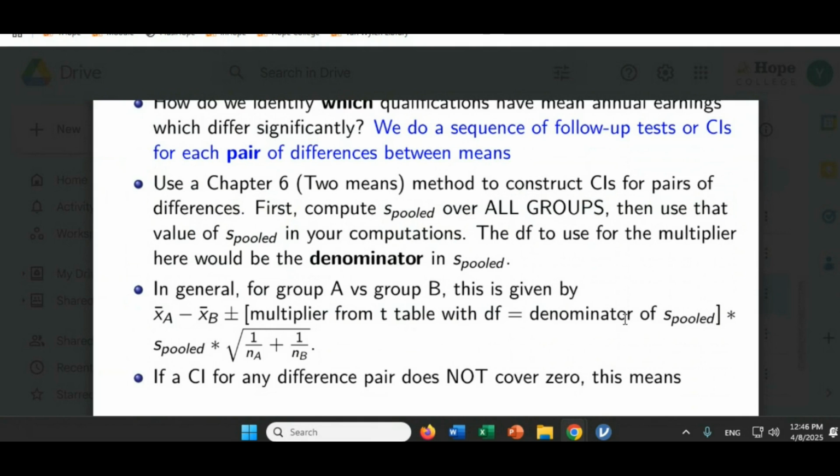S pooled is an overall variability measure. The 5 groups are there. Why are we discounting that information? Don't throw information away. You should use an S pooled based off all groups, even though you are comparing only 2 groups. Does this make sense to you?